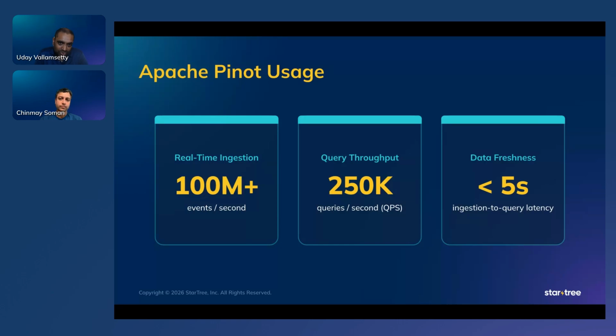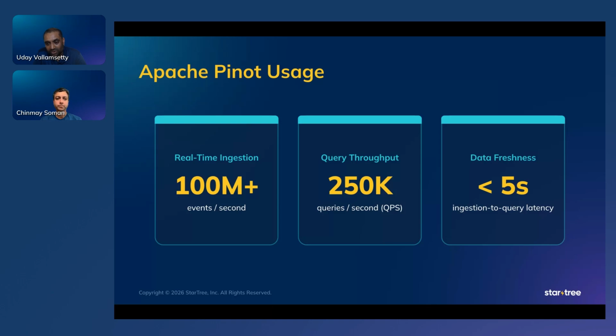Now, the reason why I'm showing this is two things. One is to underline that Pinot is built to handle the scale, right? But that's not all. We have some customers with a very small footprint, and the reason they picked Pinot was because of the efficiency, right? Like I said, the central theme for Pinot has always been dollar per query.